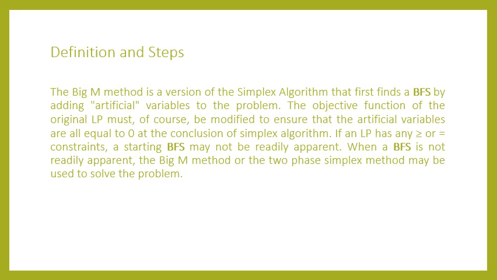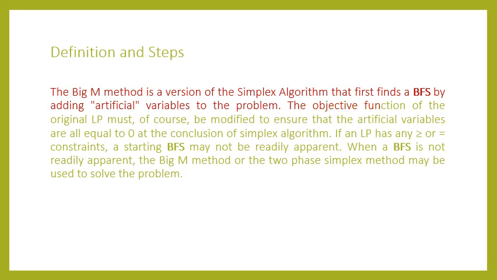Definition and steps of the Big M method. The Big M method is a version of the simplex algorithm that first finds a basic feasible solution by adding artificial variables to the problem.